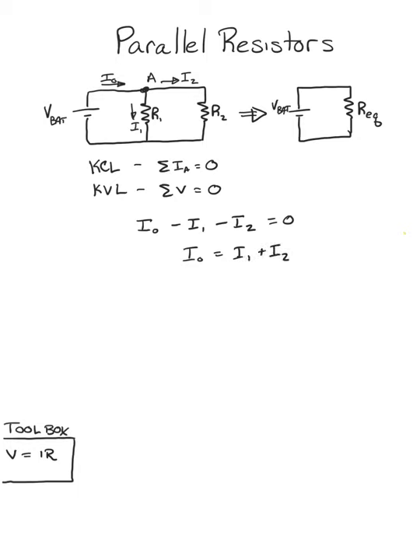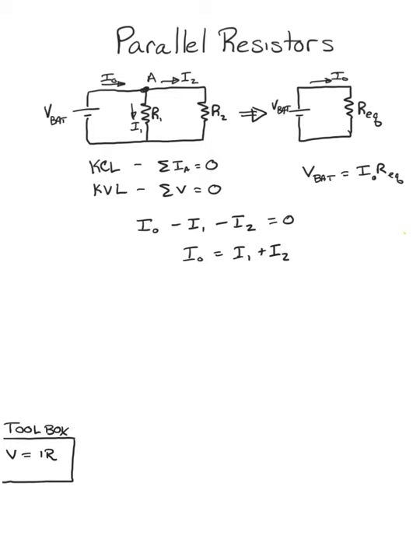Now, what I'm trying to get to is voltage of the battery equals I times R equivalent. And that I, in this case, I do know what it is. It's the I naught out of the battery.